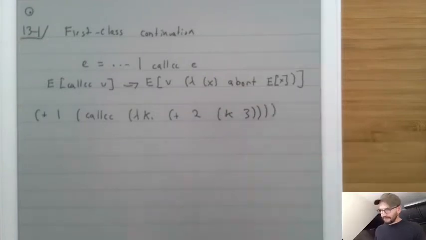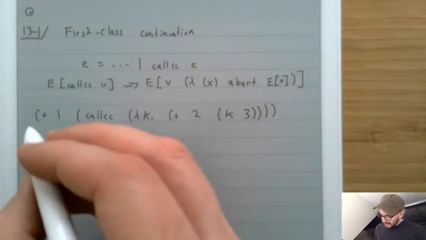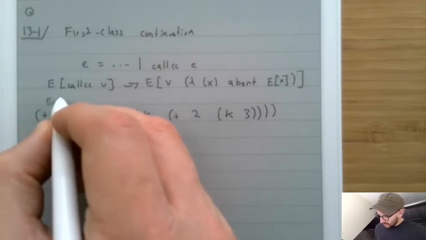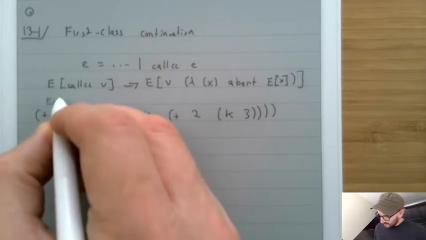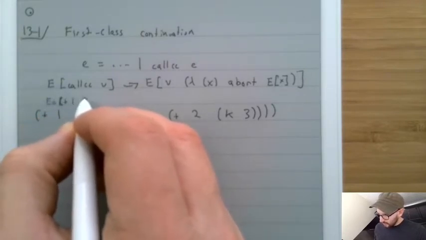Okay? So let's walk through what happens in this program. The first thing that happens is that we're going to evaluate this call CC because that is in the redex position. So in this case, E is equal to +1 and then the whole.